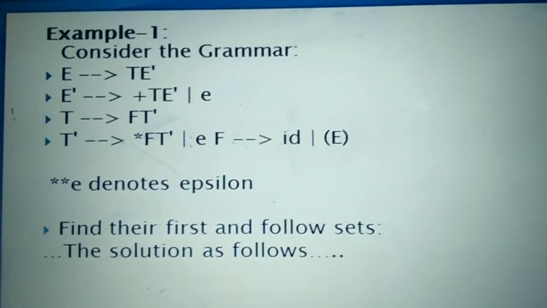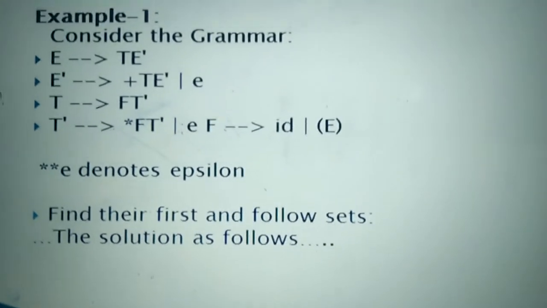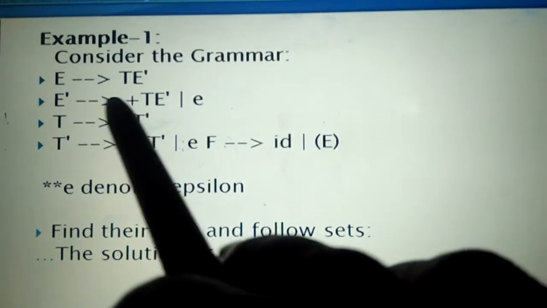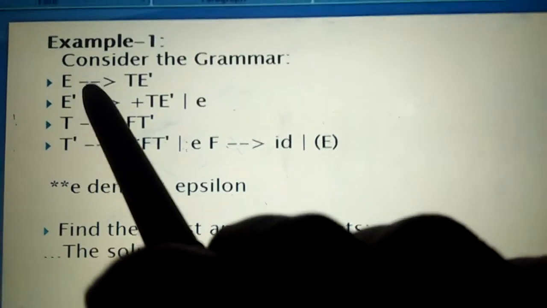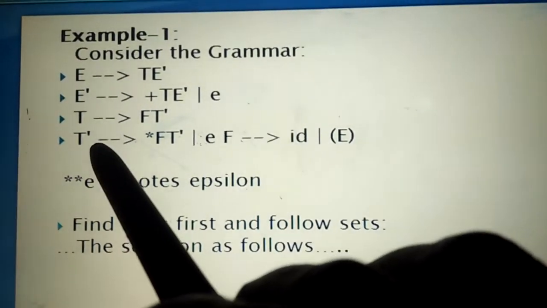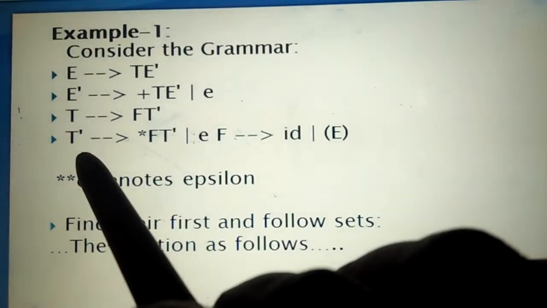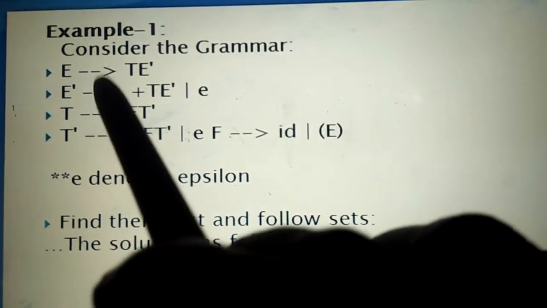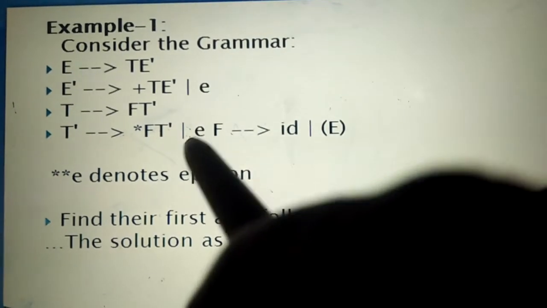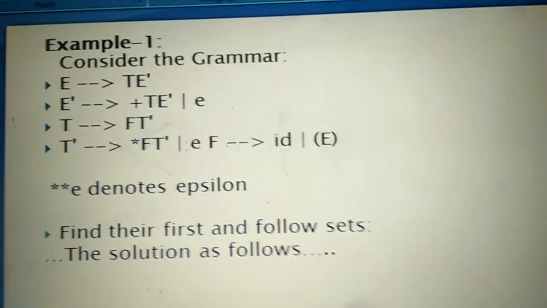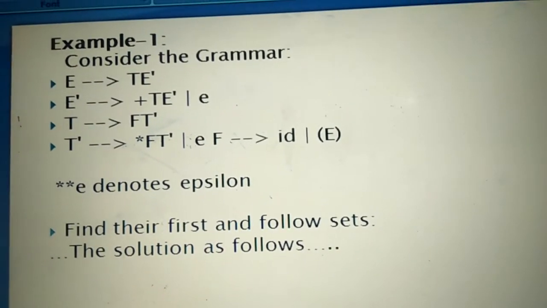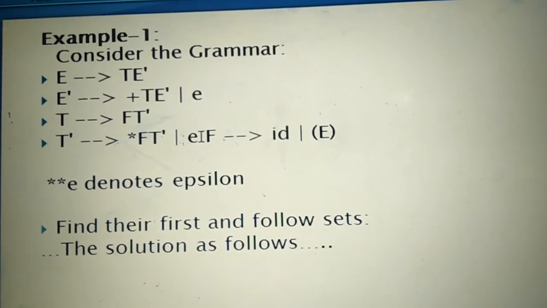So here is the example. We shall look into this example, that I have here. We have four productions, five productions, and here is one more production.